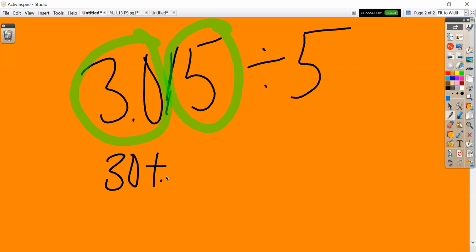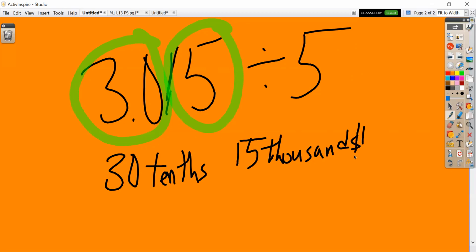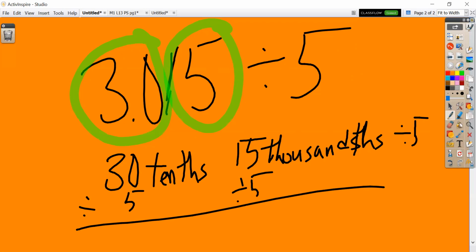Well, that would be in the tenths, 30 tenths. And then the next part would be 15 thousandths. Now we've converted, but we're dividing both of these by 5. So we're dividing the 30 tenths by 5, and then we're dividing the 15 thousandths by 5.